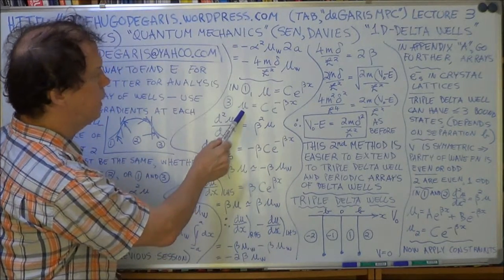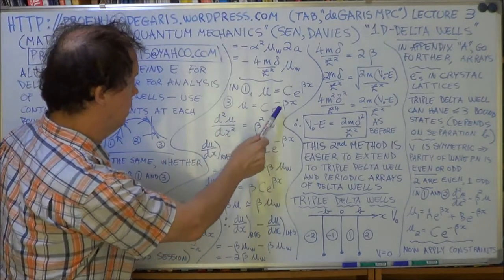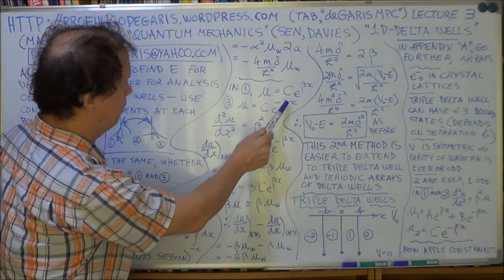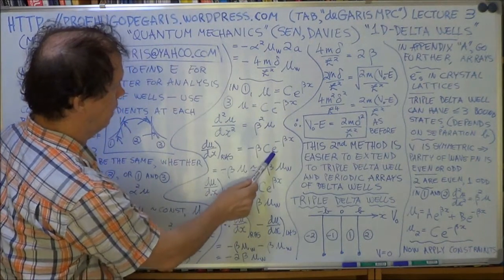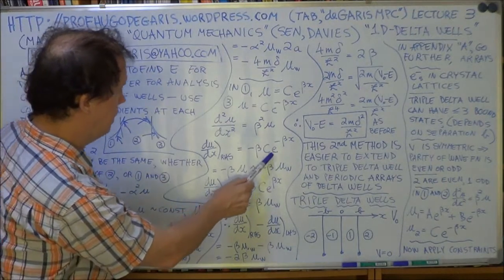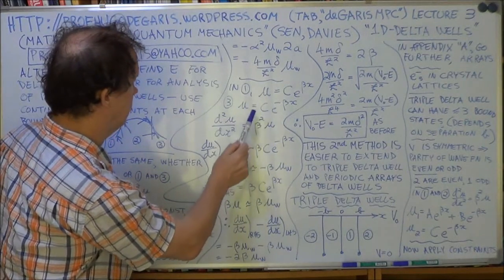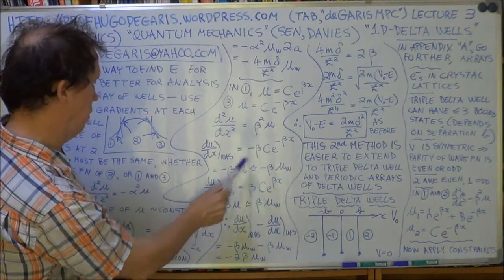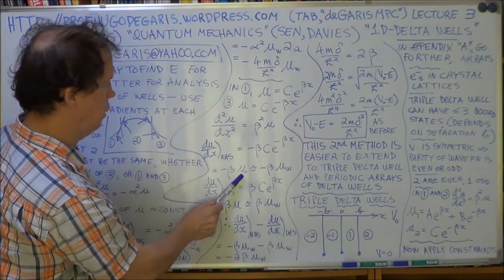So what's du by dx? In other words, the gradient. Well, that's pretty easily calculated. It's just minus beta. This minus beta comes out times the same thing. Now this here is just u, right? That is just u. So you can rewrite this as minus beta u.